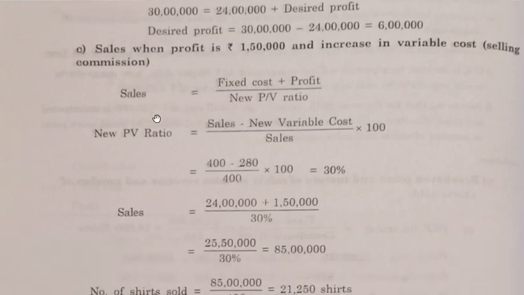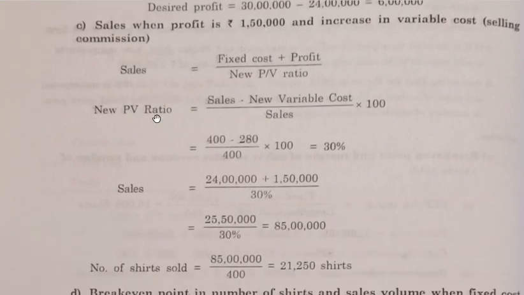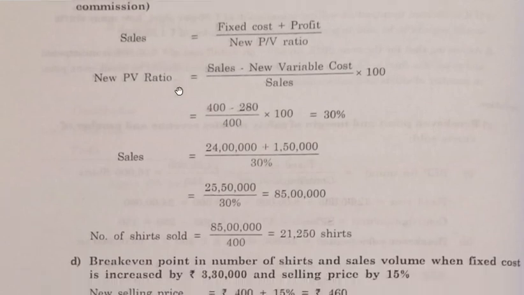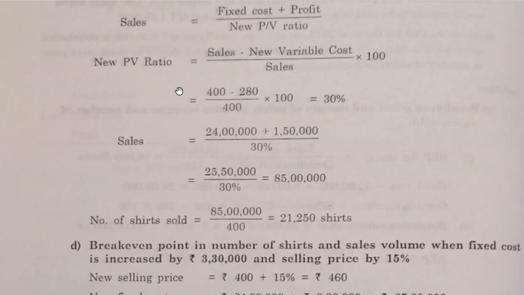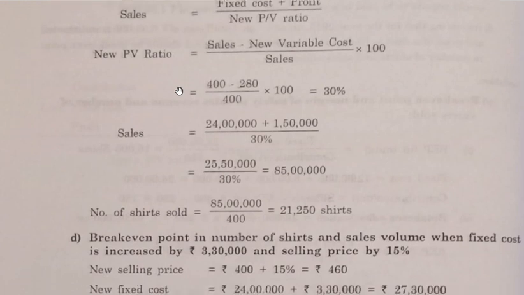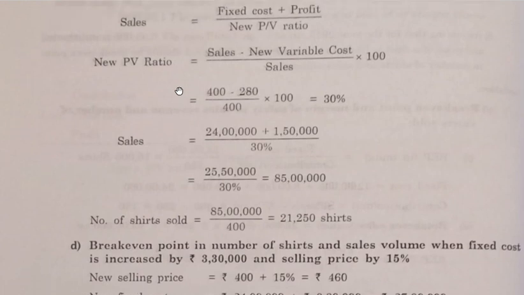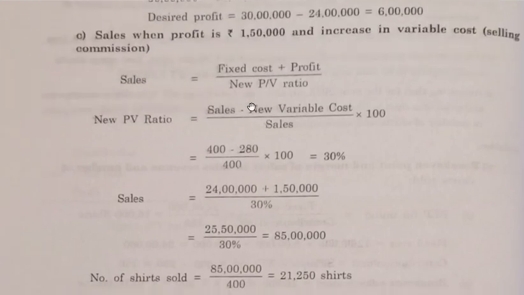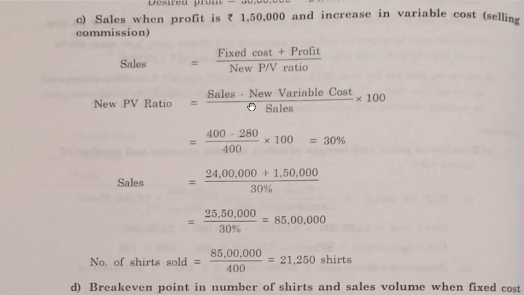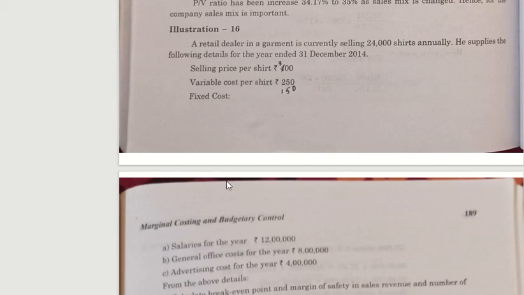And they're telling us to find sales when profit is 1,50,000, with an increase in variable cost, which is selling commission. So sales is equal to fixed cost plus profit divided by new PV ratio. Therefore new PV ratio is equal to sales minus new variable cost divided by sales. So we are supposed to find out the PV ratio. 400 minus what is your new variable cost? 280 divided by 400. How did you get this 280?